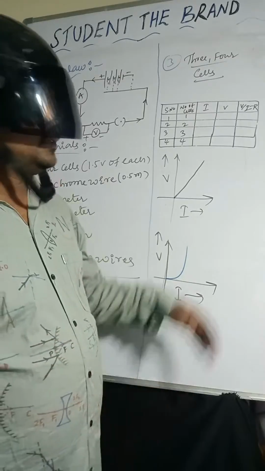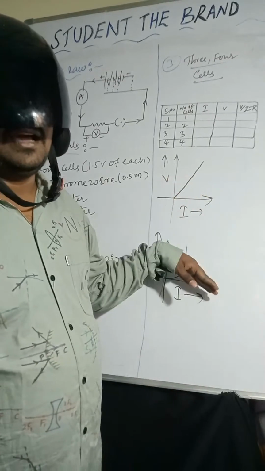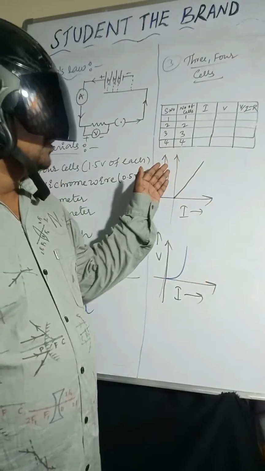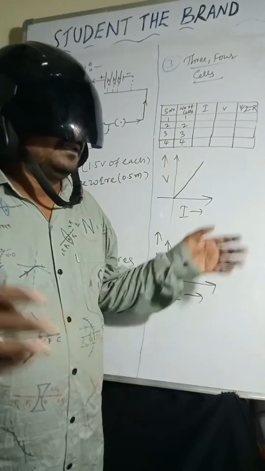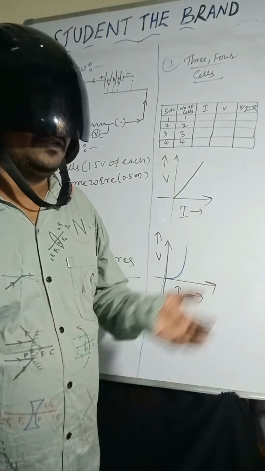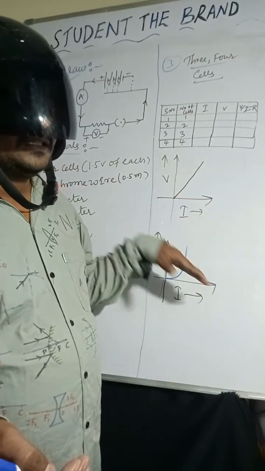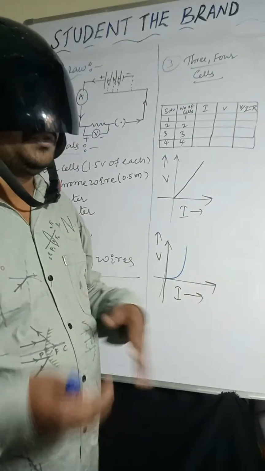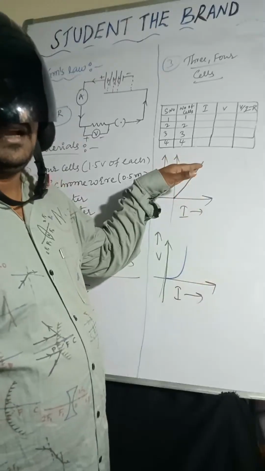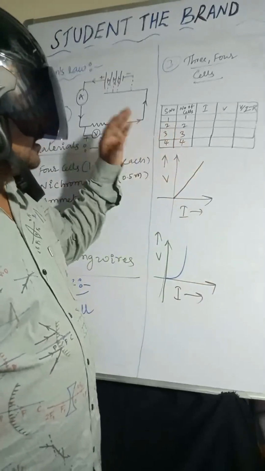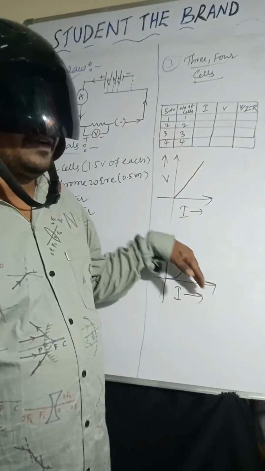Ohmic conductors are the substances which obey Ohm's law. The substances which do not obey Ohm's law are called non-ohmic conductors. The ohmic conductor graph is linear, and the non-ohmic conductor graph is curved.